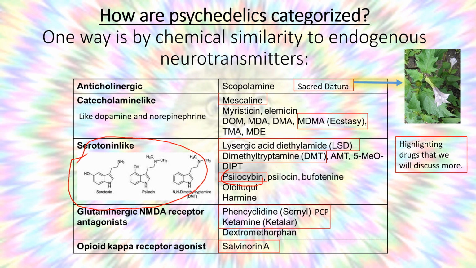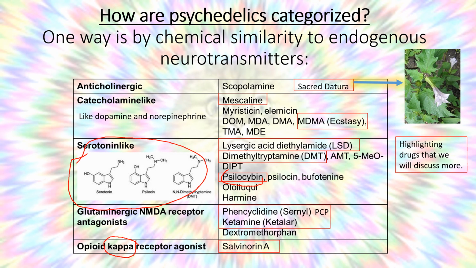All right, and then finally, we have an interesting group because it's really wacko in that it operates in a system that you never would have thought would induce a psychedelic experience, and those are drugs that are based on or activate or are similar to the opioid receptors in the brain, and specifically these kappa receptors.